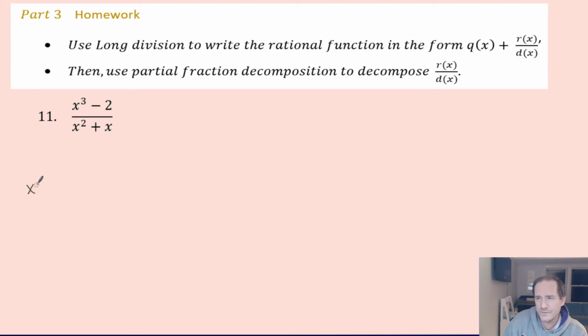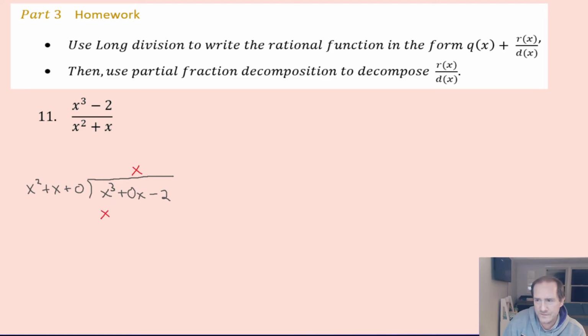So we'll go x squared plus x. Technically plus 0, right? I don't think I really need that placeholder, but I'm going to put it anyway. x cubed plus 0x minus 2. This placeholder is more important. The one on the end is not that important. So we go x cubed divided by x squared, and we get just 1x.